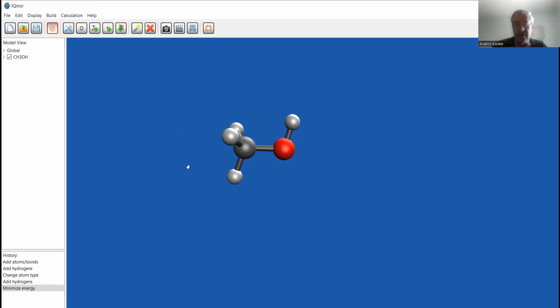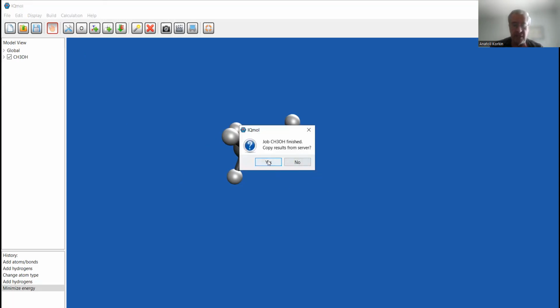It depends on how busy the computer is. Usually it takes just a few seconds. While the job is running, okay, it's already done. And now it's asking, do I want to copy the result from the server? Of course, I click on yes.